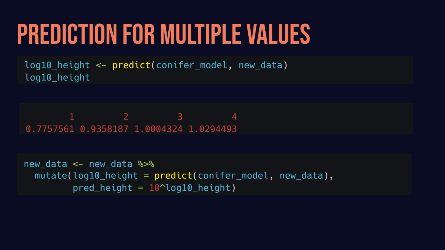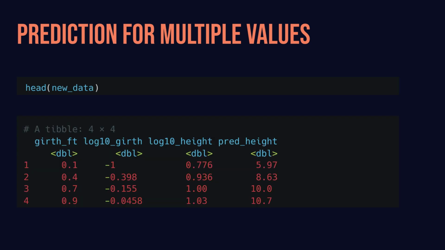We can use the mutate function to add the predicted log10 height to the new data variable. Remember, since this is log10 height, we need to retransform it back to the height in feet. For that, we're going to raise the log10 height value to the power of 10. So this is the way that we can predict multiple values in R.